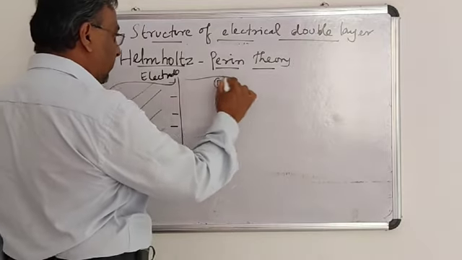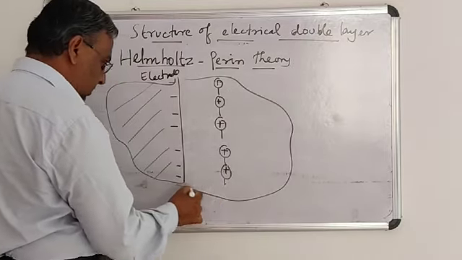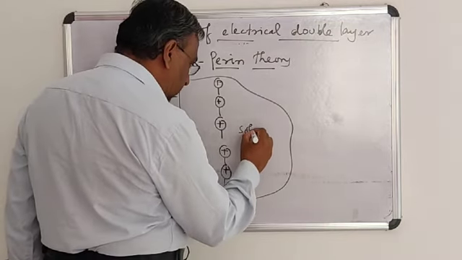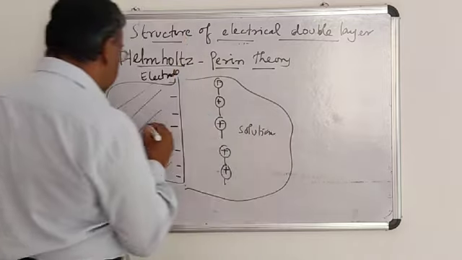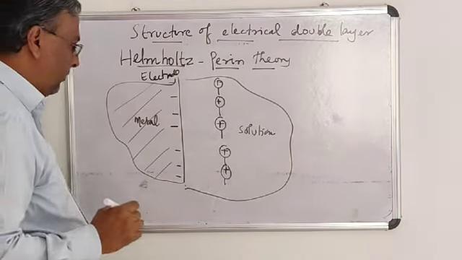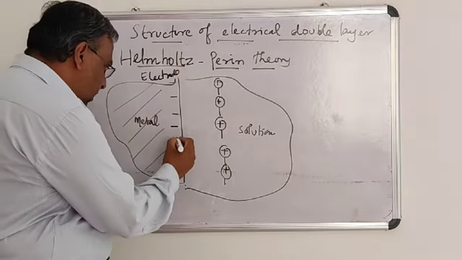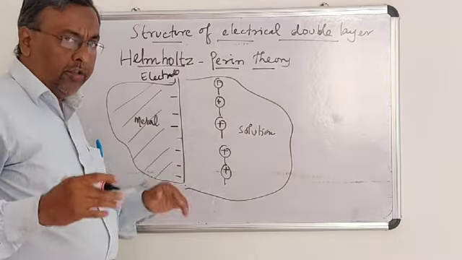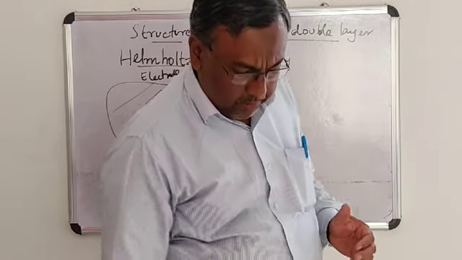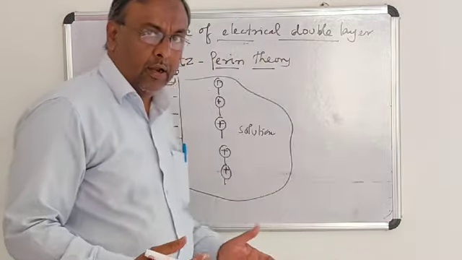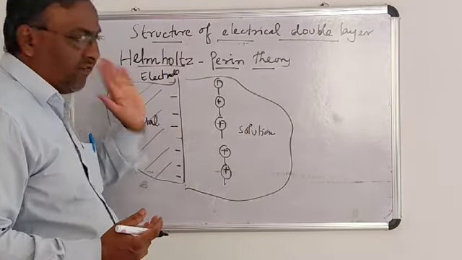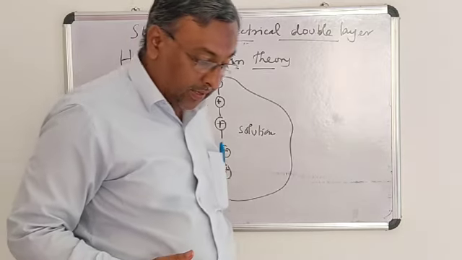This is a solution. This is the metal. The charge on the metal is balanced by a counter layer of opposite ions over the surface of the metal.